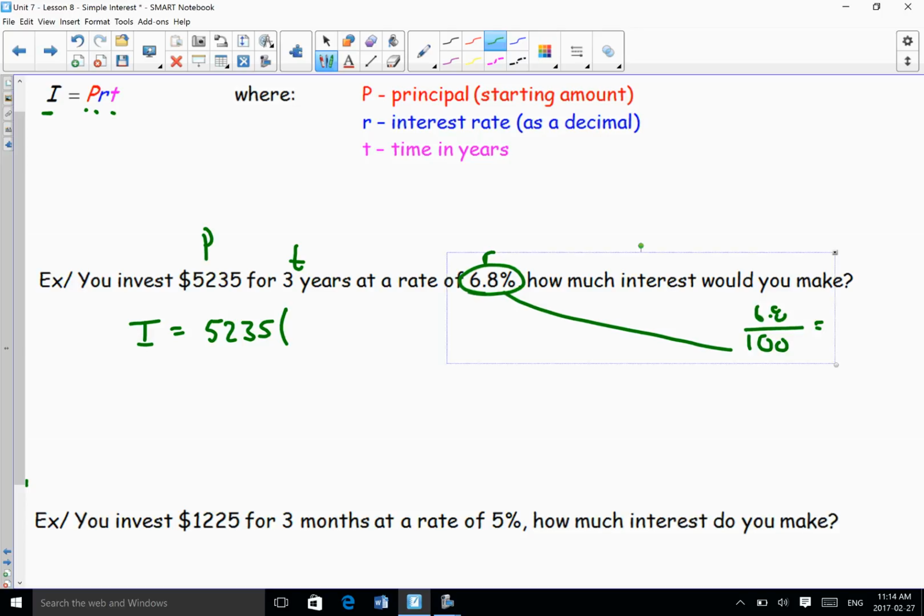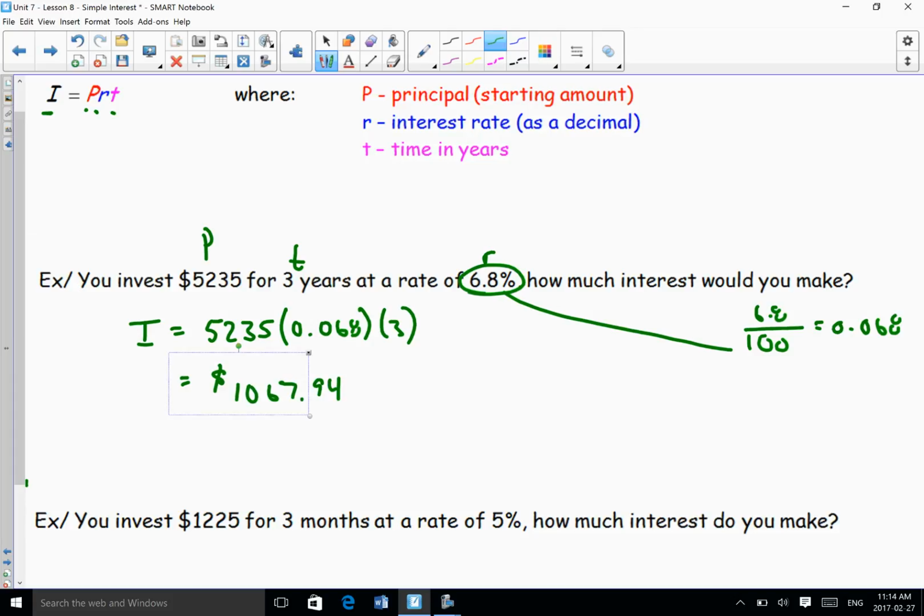So the rate is 0.068, moving the decimal 2 spots to the left, times time. And punch it all into our calculator, and we'd end up with $1,067.94. Just by leaving it in the bank, not touching it for a while, you get to earn some money.